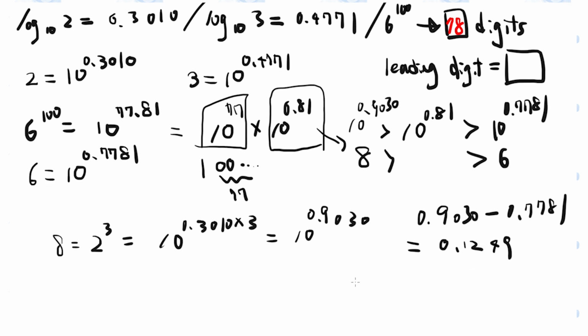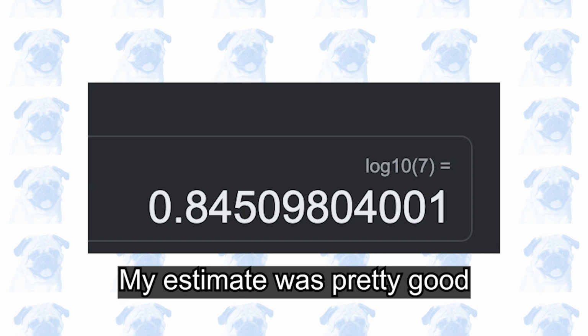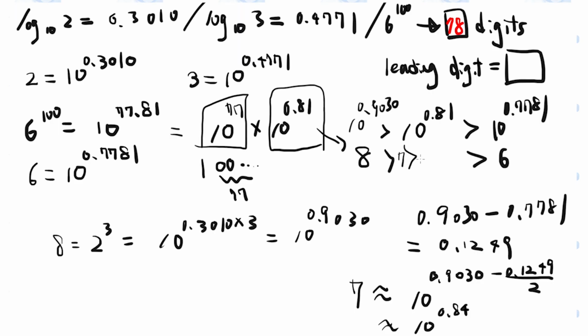So we would expect 7 to be around 10 to the power of 0.9030 minus 0.1249 over 2, which is about 0.84. So this should be smaller than 7, which means that the leading digit must be 6. So the answer is 6.